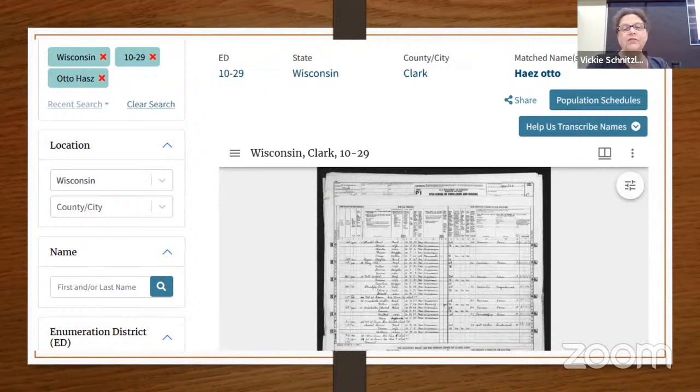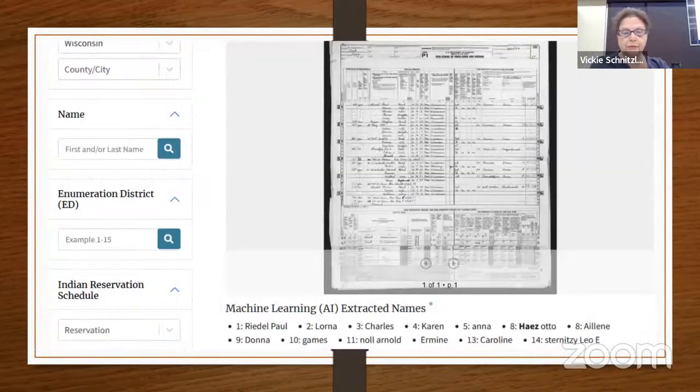Now, what is some of the information that we're going to find on here? Next slide, please. One of the things that we're going to notice is that at the bottom of each of the slides, it's going to be showing some of the names that they are pulling out of the census. You can see here for item number 8, they have Hayes Otto.